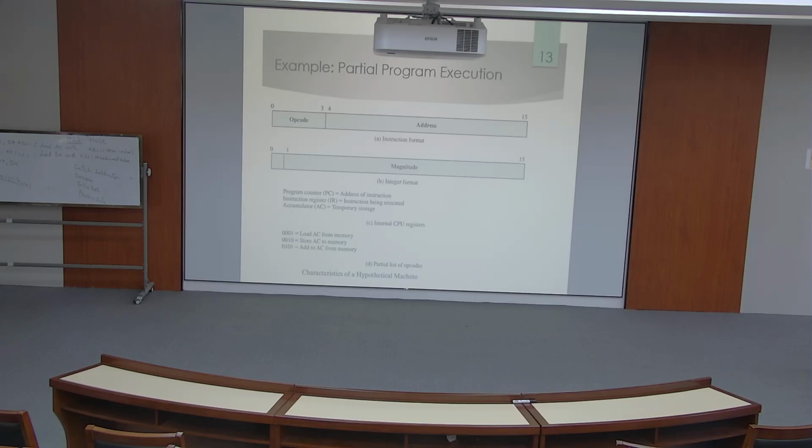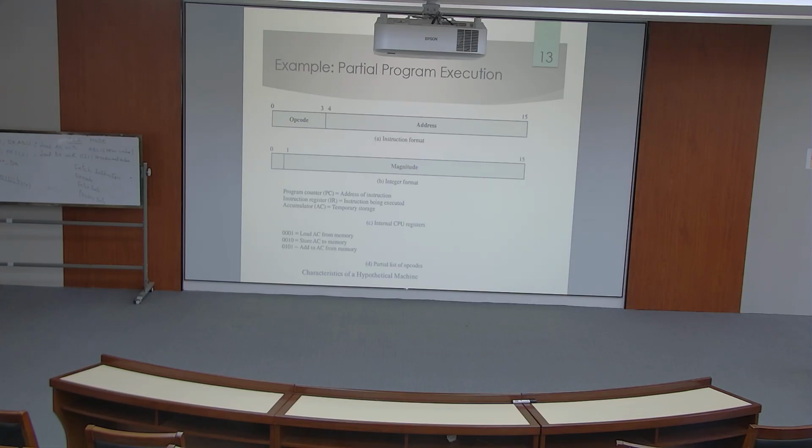Now, we have a simple example for program execution. We have 8-bit data, and we have integer format. The instruction format is 16-bit data, which contains an opcode of 4 bits, and the rest is for the address.